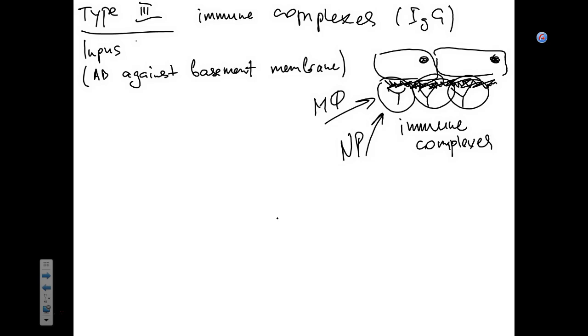If basement membrane is destroyed, what's going to happen to you? Epithelium is going to start falling apart. Where is epithelium? Skin, so you're going to have skin inflammation.